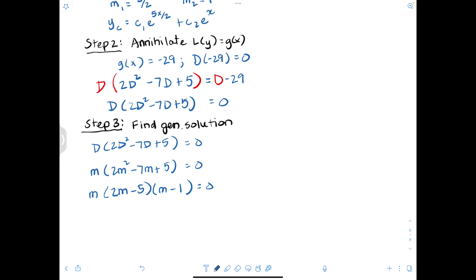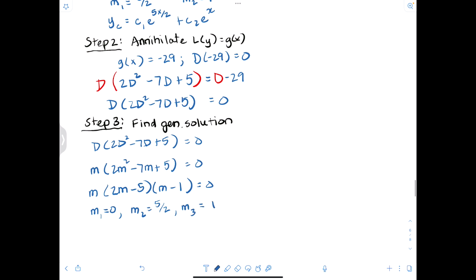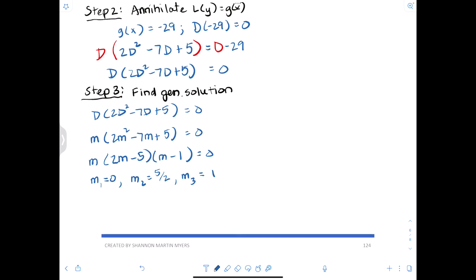And so we get m1 is 0, m2 is 5 halves, m3 is 1, and so y is equal to, for the m1 equal to 0, we're just going to get our constant c1, plus c2 times e to the 5 halves times x plus c3 times e to the x.